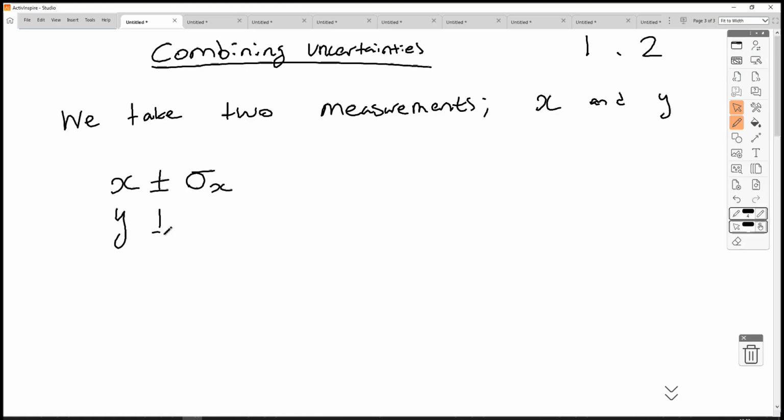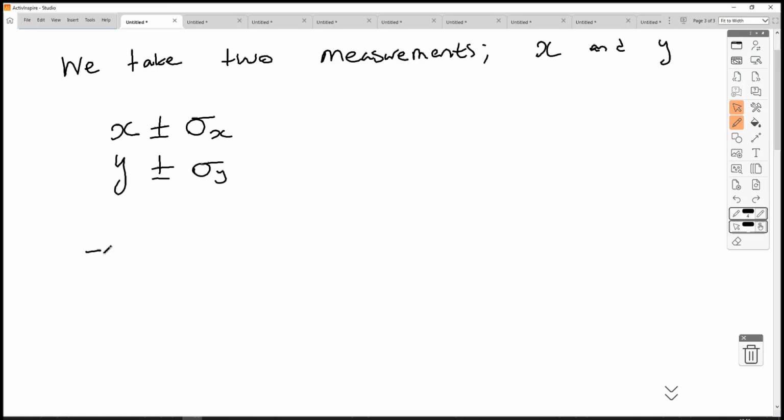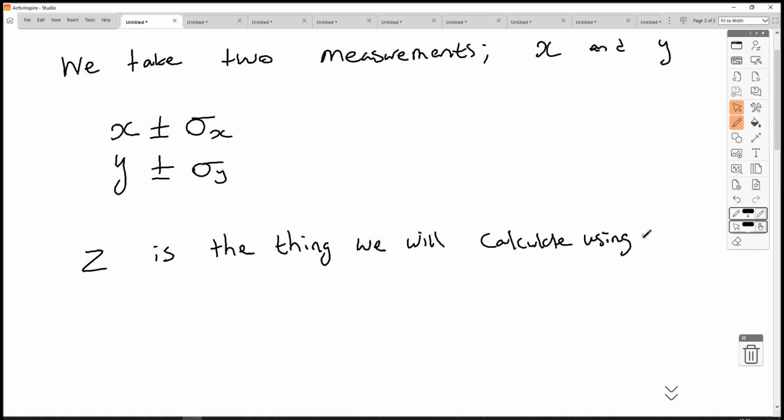And then we have y plus or minus the uncertainty in y. Then we talk about a third thing that we're going to find called z. And z is what we find by putting x and y into some function. So z is the thing we will calculate using x and y.